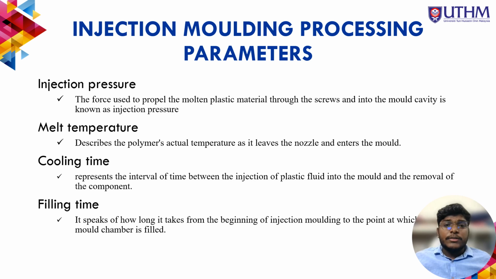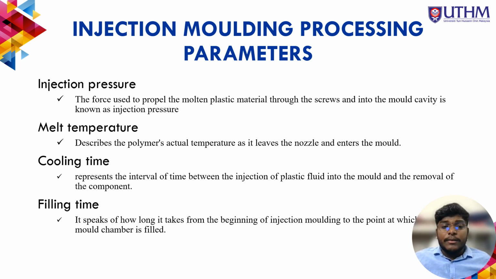There are four types of injection molding process parameters. Firstly, injection pressure. The force used to propel the molten plastic material through the screw and into the mold cavity is known as injection pressure. Secondly, the melt temperature. Melt temperature describes the polymer's actual temperature as it leaves the nozzle and enters the mold.